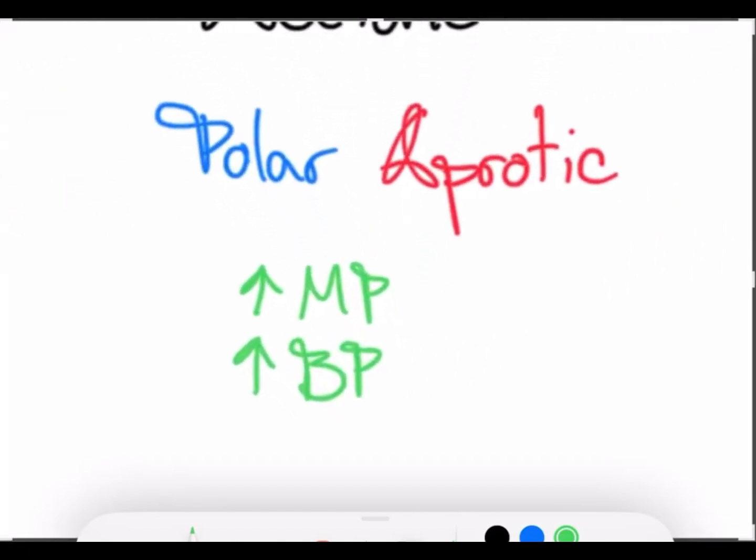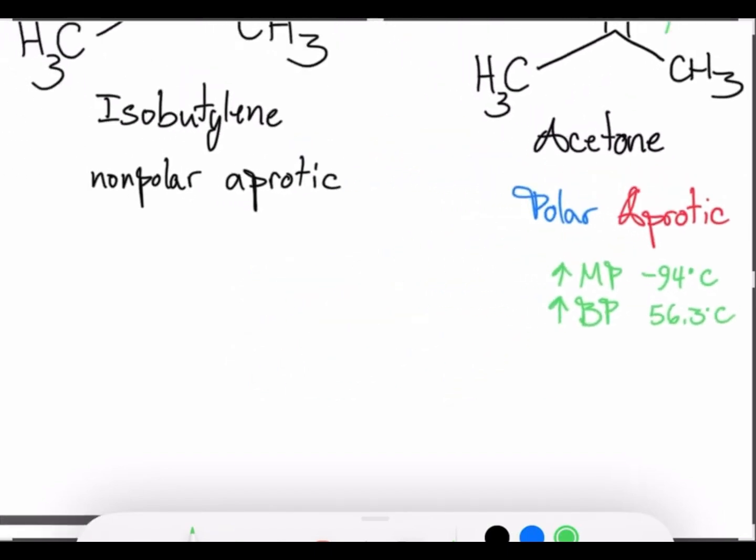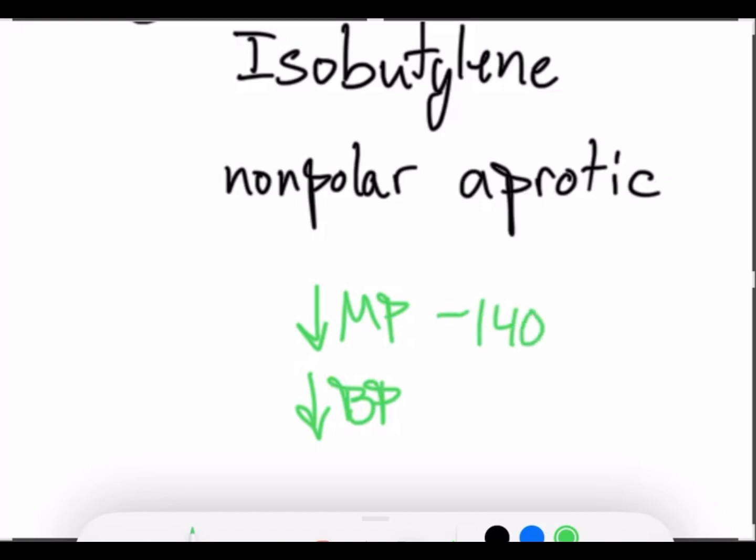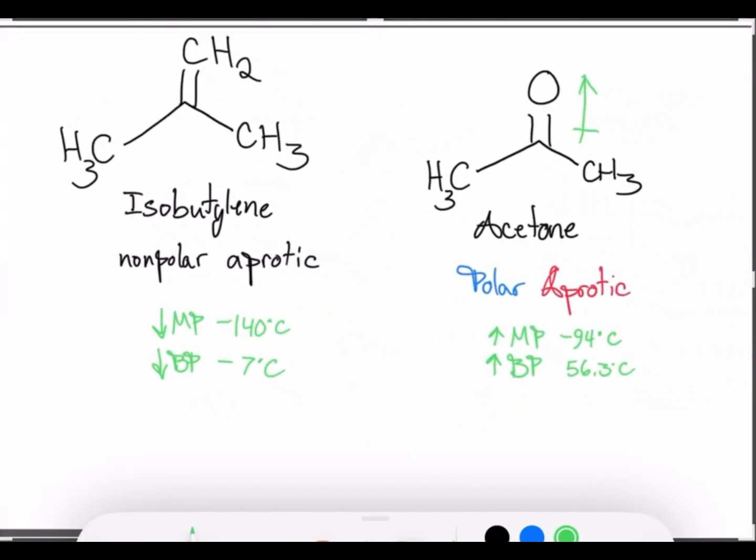That is going to be around -94 degrees Celsius and 56.3 degrees Celsius, whereas on the left over here, we are going to be experiencing lower melting and boiling points, about -140 degrees Celsius and -7 degrees Celsius. So to help you visualize what is going on here.